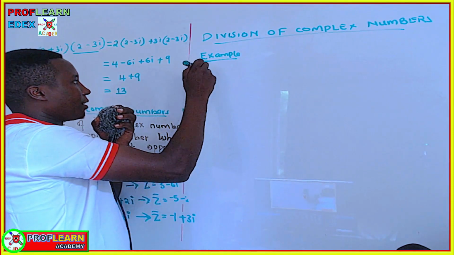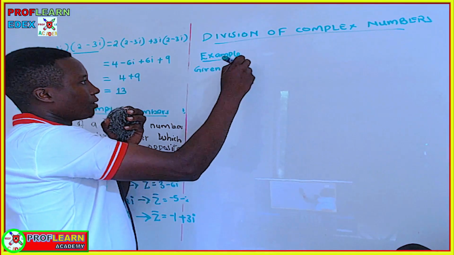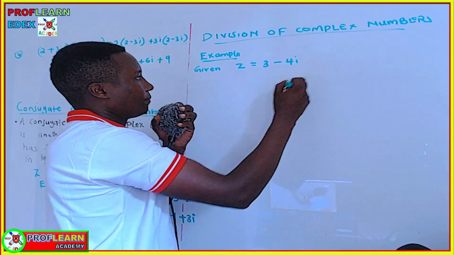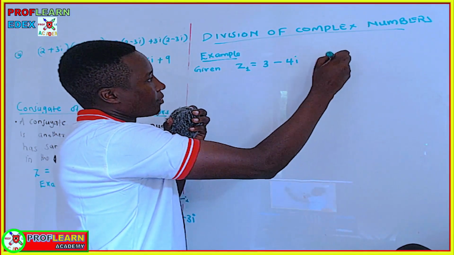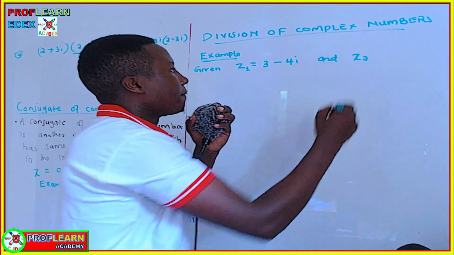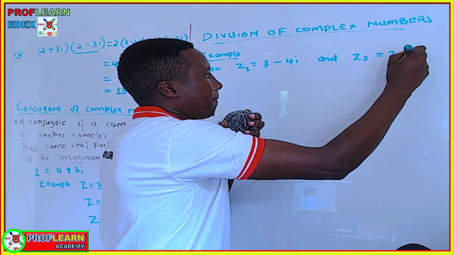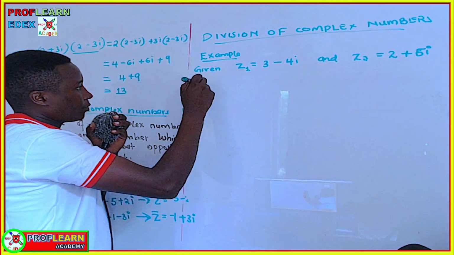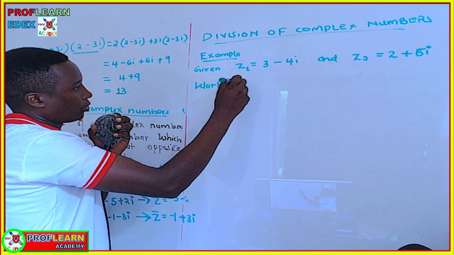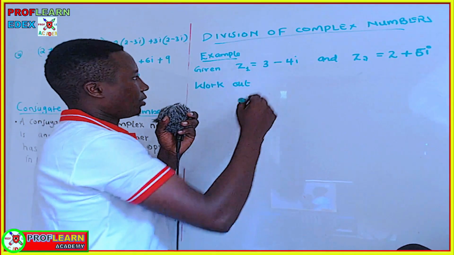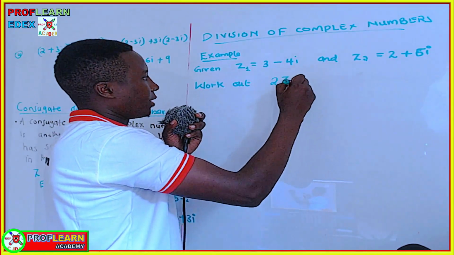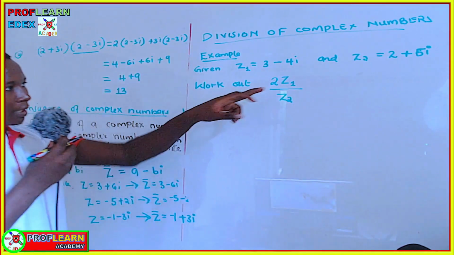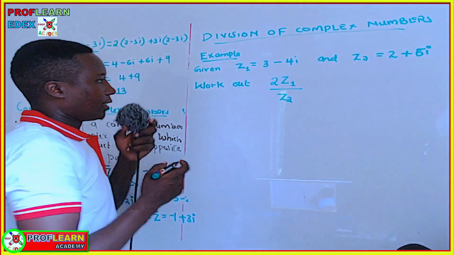We are saying that given Z1 equals 3 minus 4i, and Z2 equals 2 plus 5i, we are supposed to work out 2Z1 over Z2.